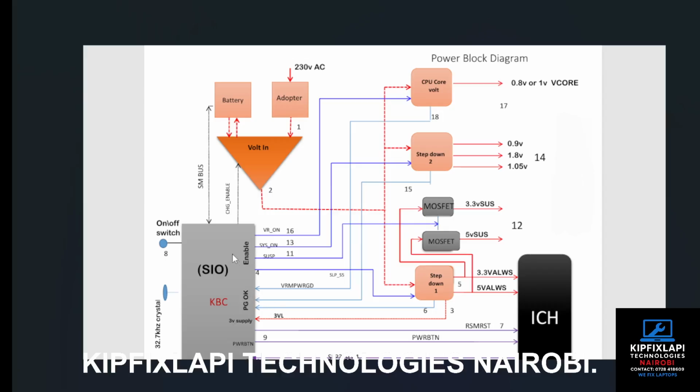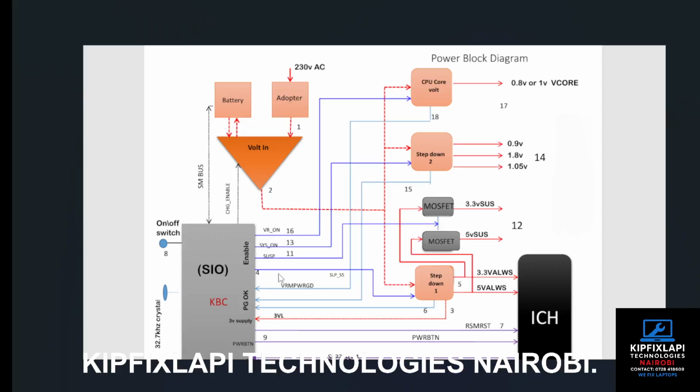Okay, of course you've understood. We have the SIO which controls all the power within the motherboard. The SIO doesn't control power directly, but it sends out the enable signals. These are the enable signals. And then this one is coming from those circuits.